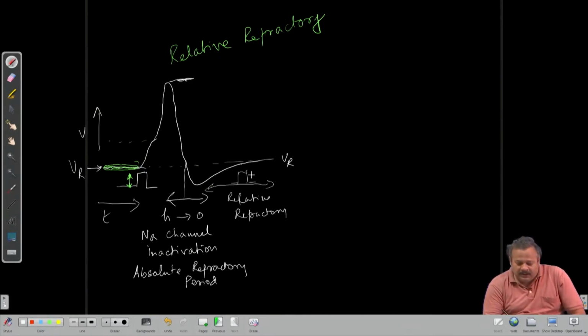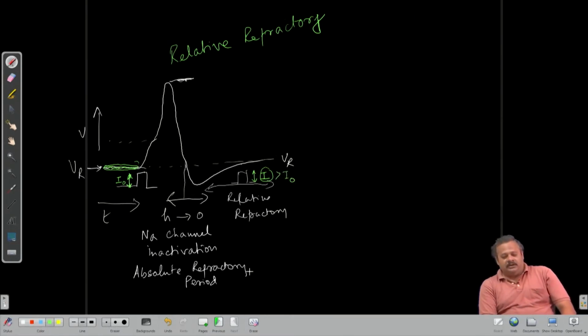So this height here, this height I, and let us say this is I0 before the spike. This I needs to be much greater than I0 to produce an action potential. And this gradually reduces to I0 when the neuron comes to V rest and beyond.